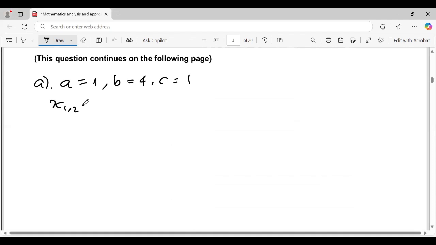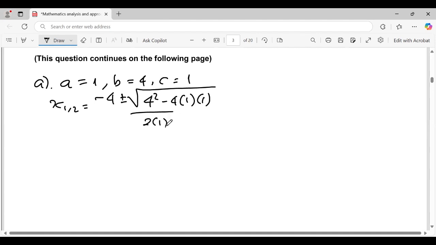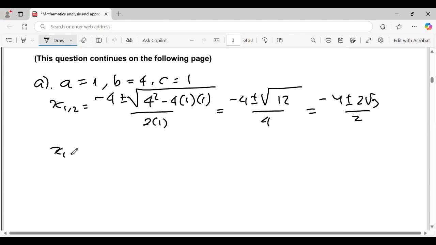So x1 and x2, using the quadratic formula: minus 4 plus or minus the square root of 4 squared minus 4 times 1 times 1, divided by 2 times 1, or minus 4 plus or minus the square root of 16 minus 4, which is 12. The square root of 12 is 2 square root 3, so it is minus 4 plus or minus 2 square root 3, over 2. x1 equals minus 4 plus 2 square root 3 divided by 2, which equals minus 2 plus square root 3.